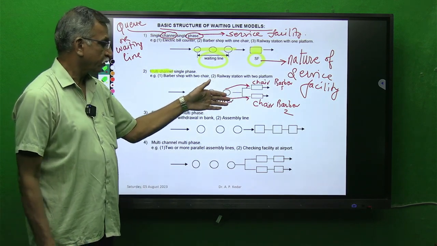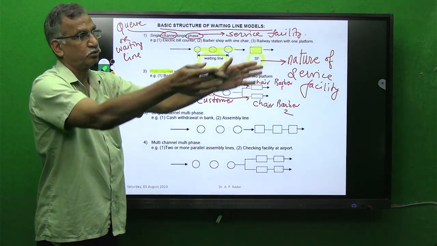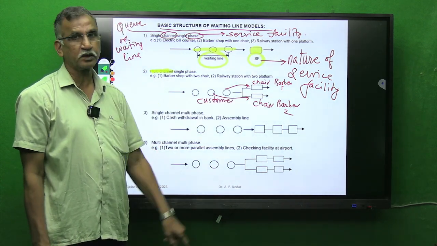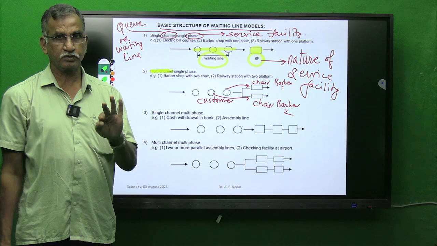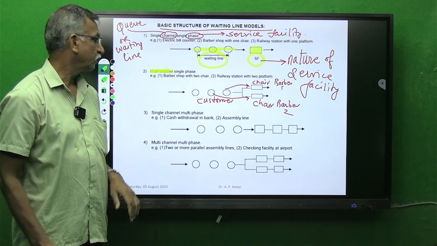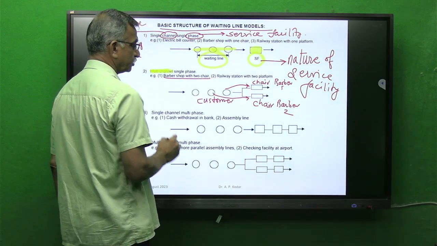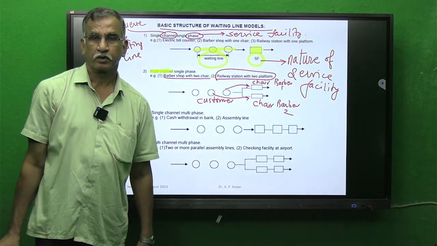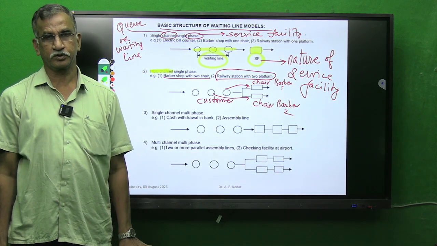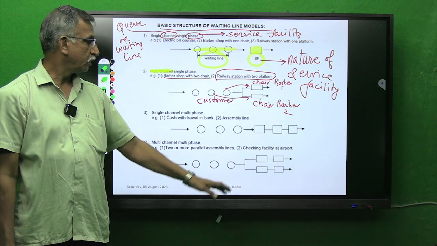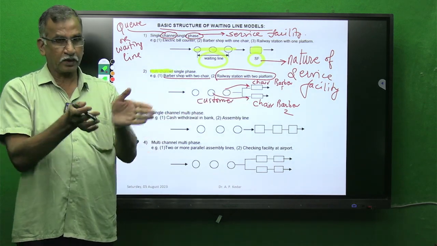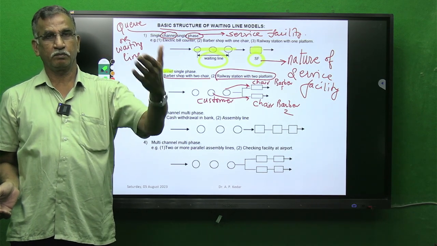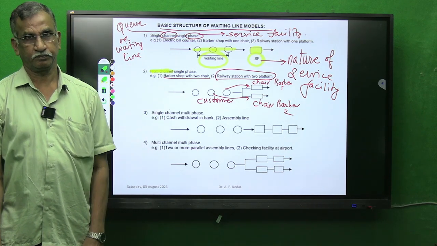Now what is happening? The line is divided into two, but the nature of the service getting is same, that is cutting. So a barber shop with 2 chairs or a railway station with 2 platforms is a similar example. With 2 platforms on a railway station, an arriving train, if one platform is busy, will halt at the other platform. Clear?